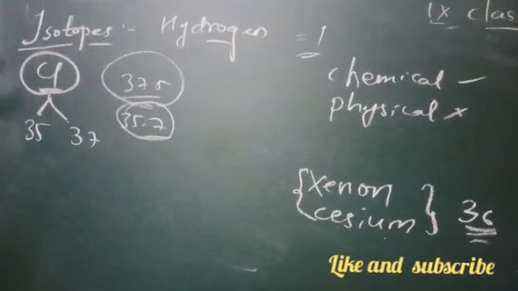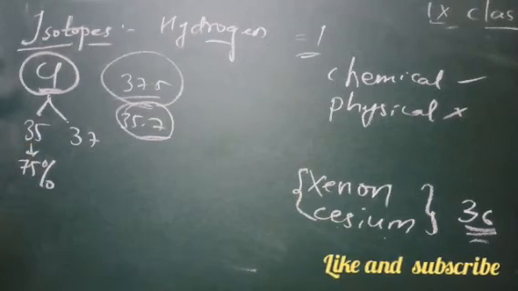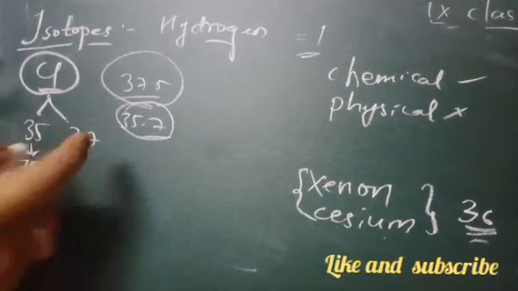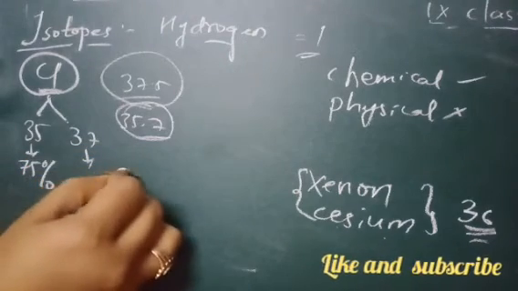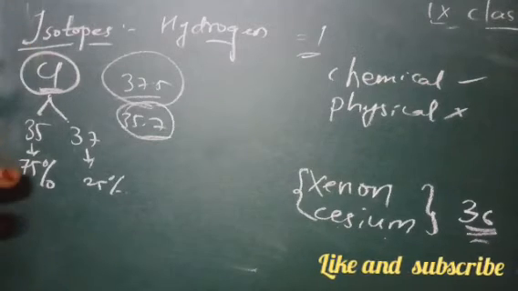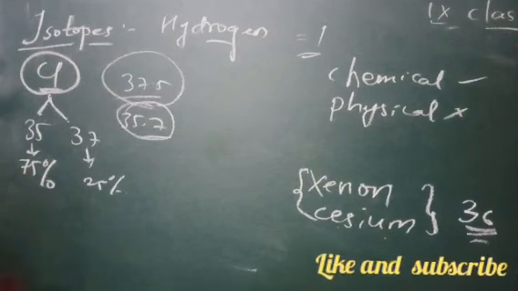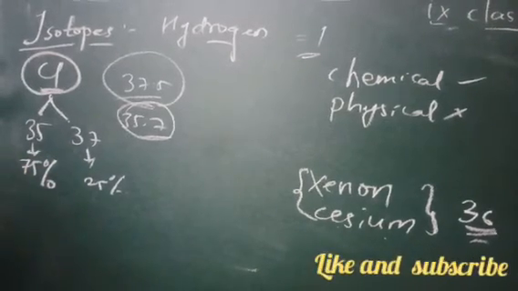The isotope with mass 35 is present in 75% of nature, whereas the chlorine isotope of 37 units is present in 25% in nature. So I hope it is clear, children.